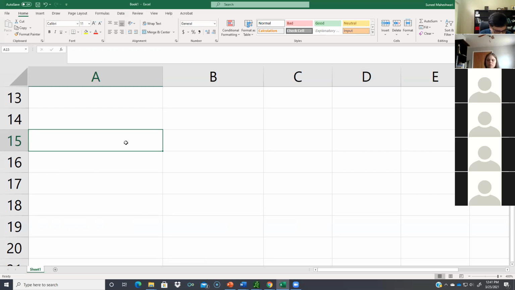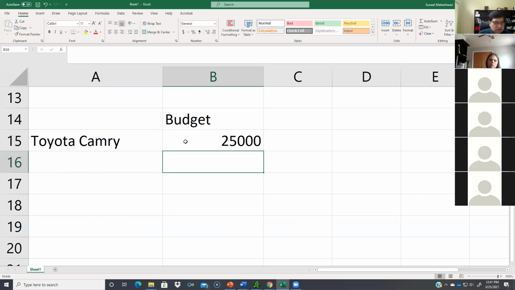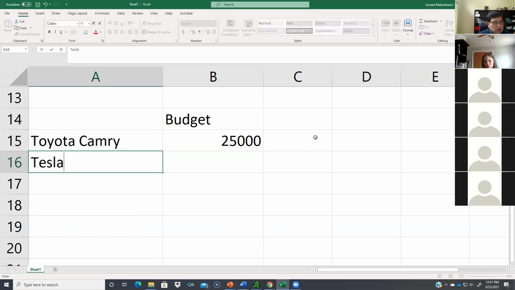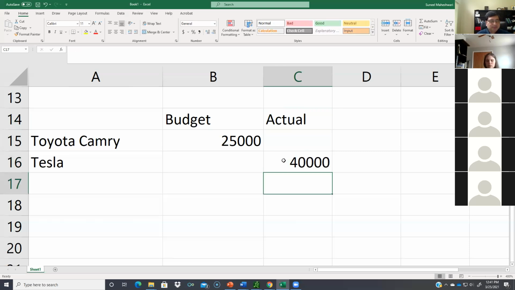Suppose you are going to buy a car, say Toyota Camry, and your budget was say $25,000. However, when you actually went to the market, you ended up buying a Tesla for $40,000. Is your variance favorable or unfavorable?